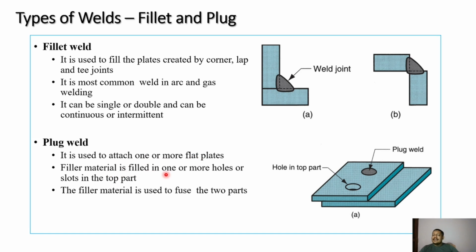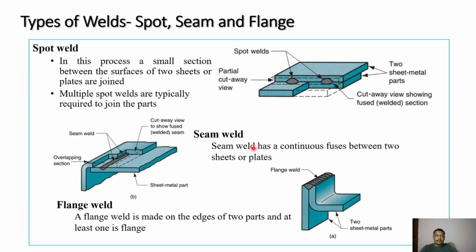Filler material is filled in one or more holes or slots in the top part. The same filler material is used to fuse the two parts. In a lap configuration, if lesser force is required, you can go for these arrangements. If this is supposed to be a lap welding, you can perform the welding either here or on both sides, depending on your loading conditions.